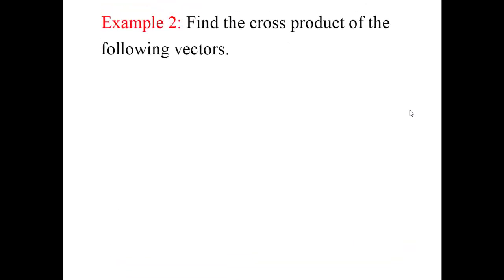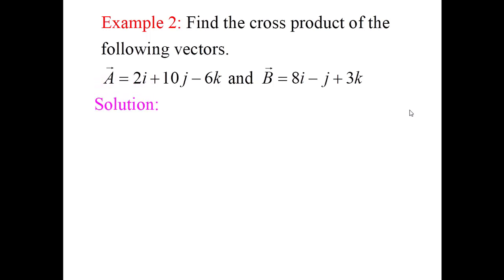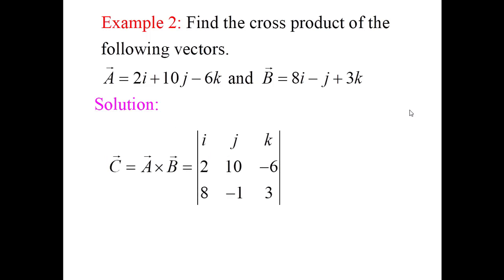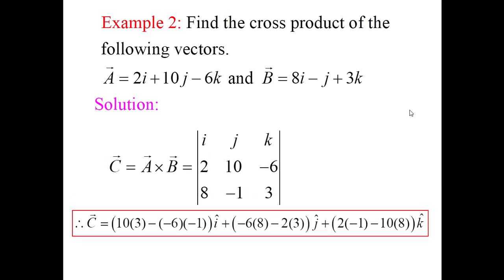The other example is: find the cross product of the following vectors. A is 2i plus 10j minus 6k, and B is 8i minus 8j plus 3k. So by directly following this determinant form of a matrix, first we cancel the column and the row, and we multiply these two remaining numbers so that we get this part. Have a look at it by yourself.